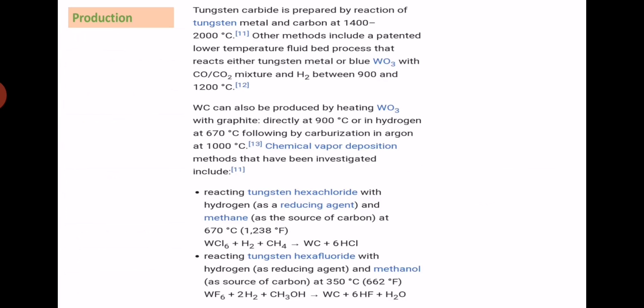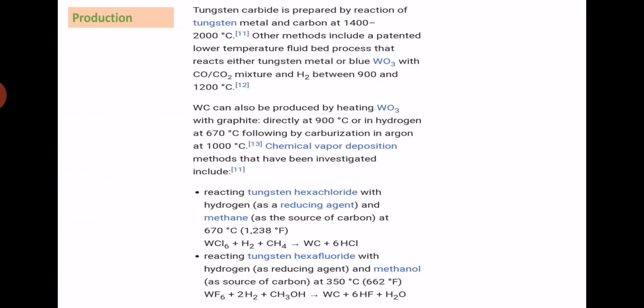Reacting tungsten hexachloride with hydrogen as a reducing agent and methane as the source of carbon at 670 degrees Celsius, or 1238 degrees Fahrenheit, we get tungsten carbide. See the reaction: tungsten hexachloride, WCl6, plus hydrogen, H2, and methane, CH4. Here methane acts as a reducing agent.